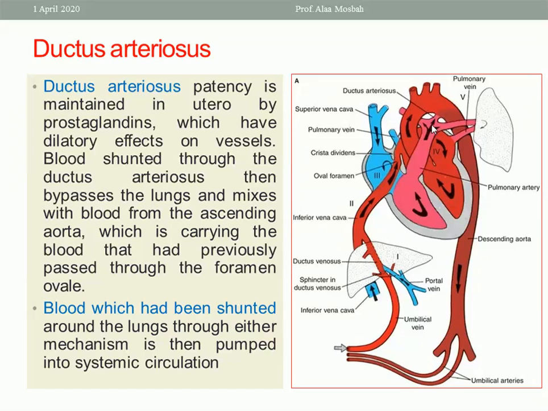Because antiprostaglandin, non-steroidal anti-inflammatory drugs may cause premature closure of the ductus arteriosus during fetal life, and it must be kept patent during fetal life to keep the blood passing from the pulmonary artery to the ascending aorta.